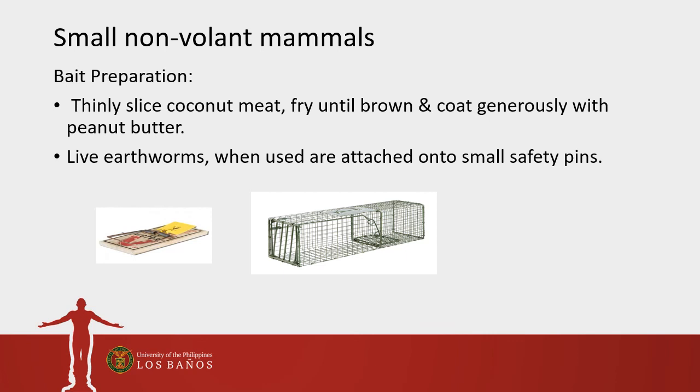Fabricated cage traps allow the capture and release of mammals. However, trappability may be low and they are quite bulky to bring in the field when compared with snap traps. These traps may be baited with roasted coconut meat coated with peanut butter or live earthworms to capture vermivorous rats.